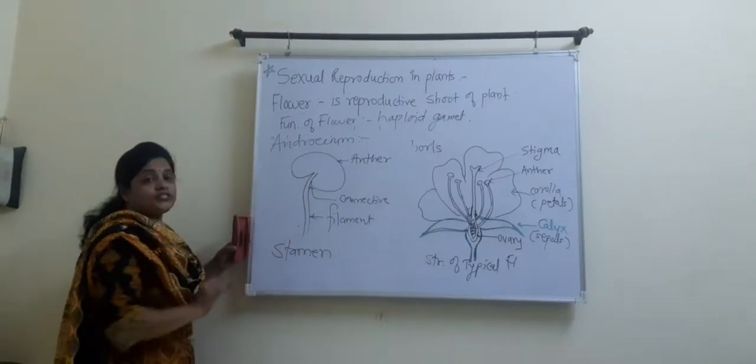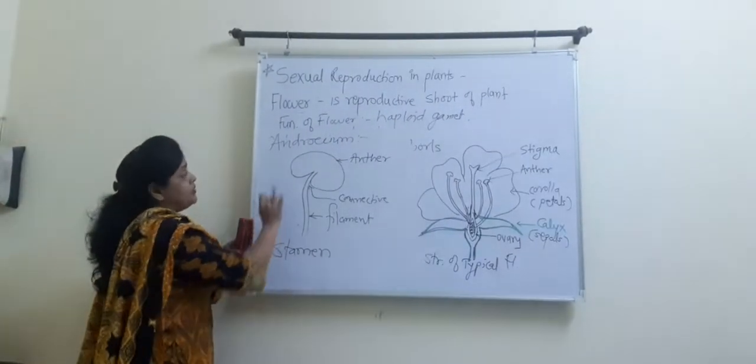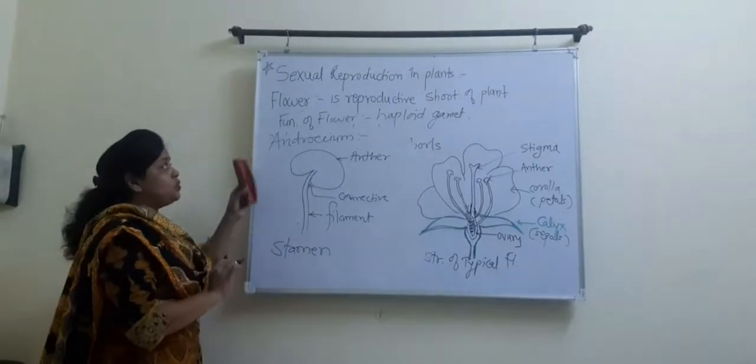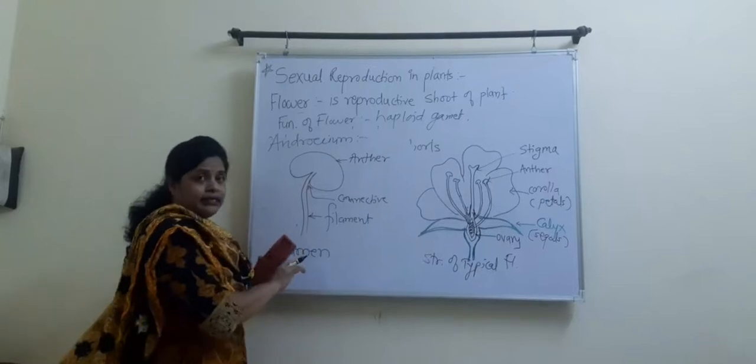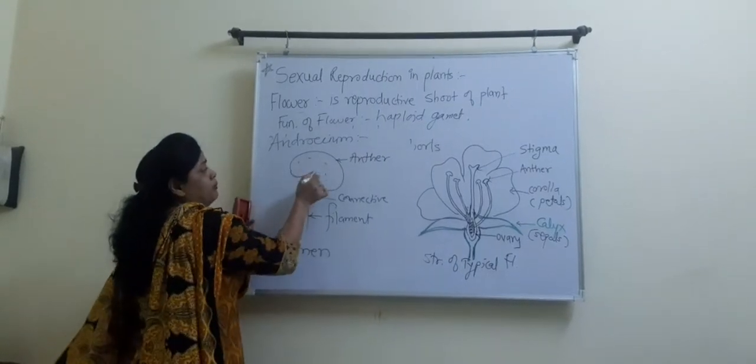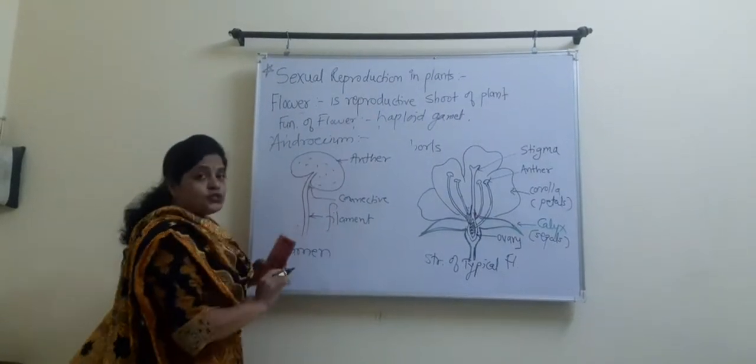This is the structure of a stamen, which is the individual unit of androecium, and androecium is the male reproductive part of a flower. Now, in this anther, there are pollen grains or microspores.